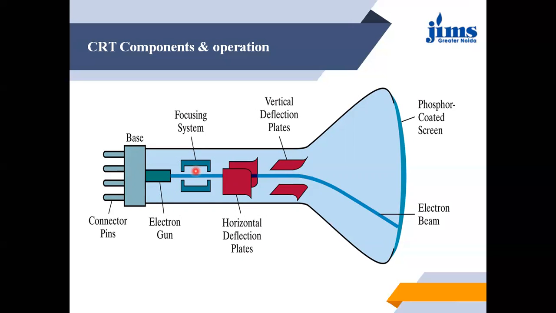Then there are two most important plates. By using these, the position of the object is decided. The first one is the horizontal deflection plate and the second one is the vertical deflection plate.